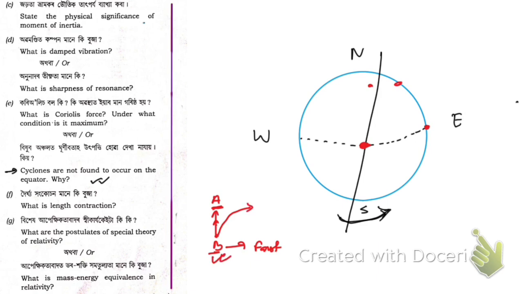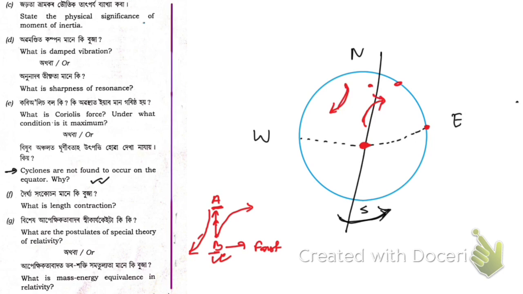Similarly, if someone from A wants to throw towards B, as B is faster, it's going to lag behind B, right? So this kind of effect occurs here, okay?